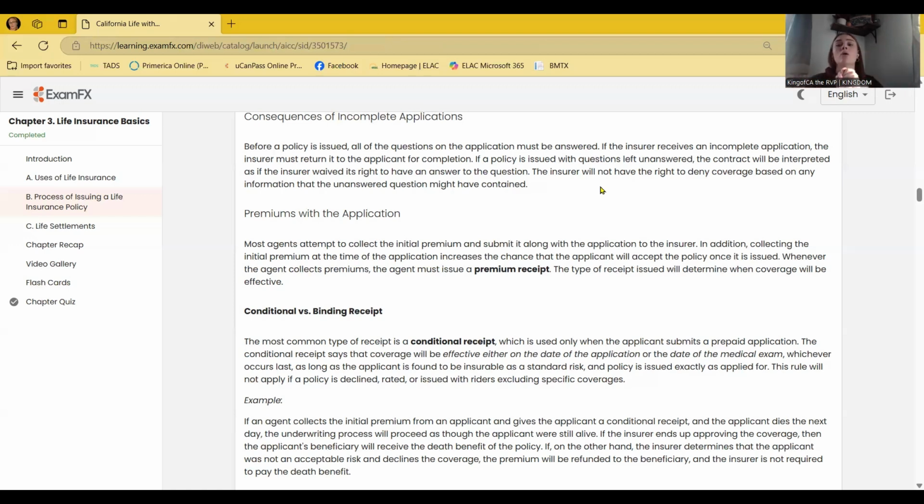Okay? So just know that if there are unanswered questions, they're going to send it back. But if they don't and they process it, they will take the application how it is. And those questions are then forfeited, meaning the insurance company has forfeited their right to know the answers to that, okay?